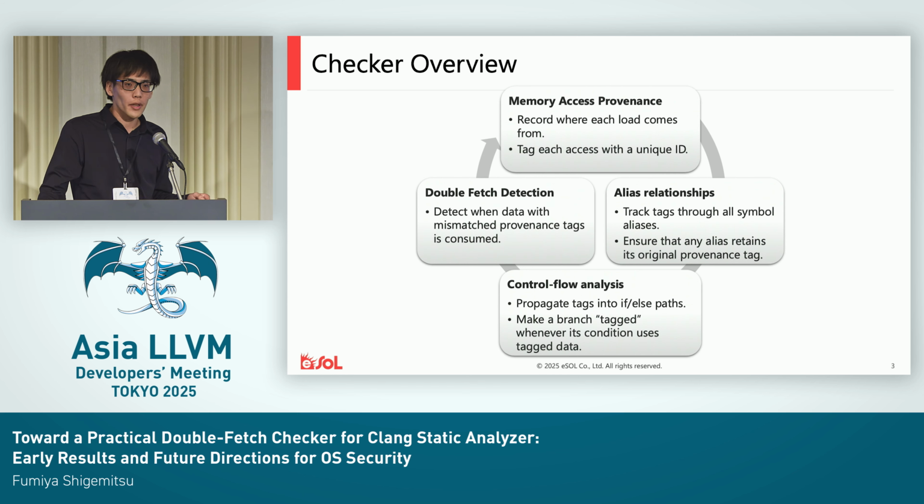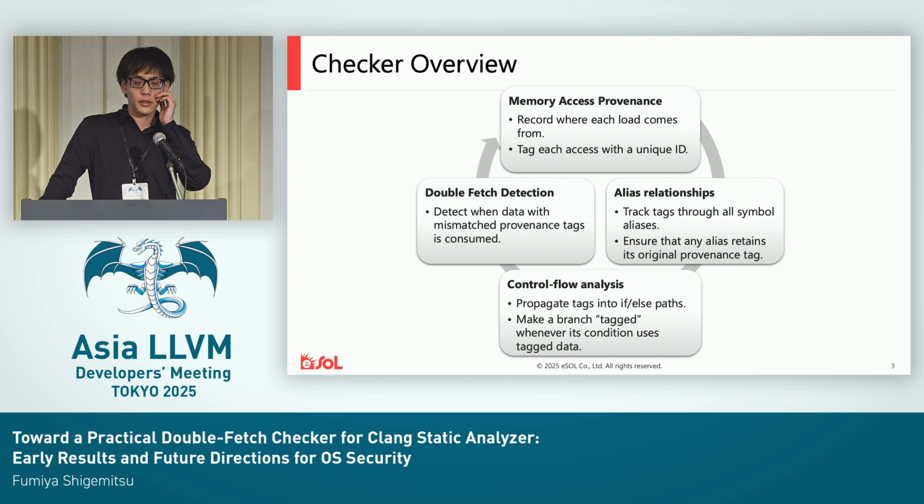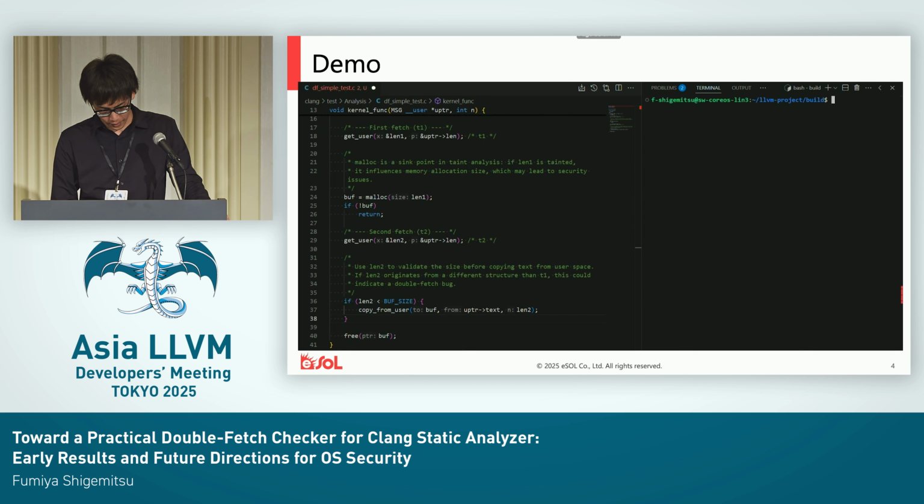Then, control flow analysis. Whenever a branch condition uses tagged data, the branch condition itself becomes tagged, keeping all downstream uses in sync. Finally, double fetch detection. When data is used with mismatched provenance tags, the checker reports a double fetch.